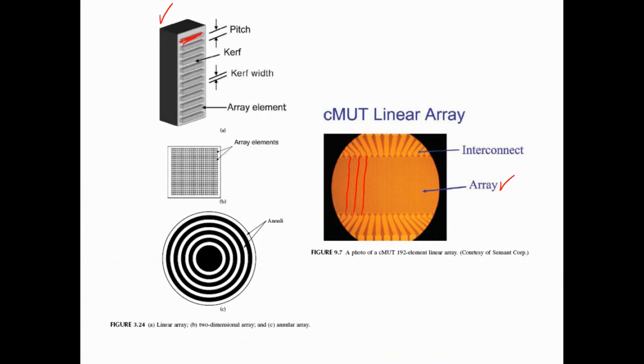Each of these things that are sticking up are the piezo crystals. You call that the array element. There is a pitch to those, where the pitch is the distance between two centers. So it tells you how big the thing is and how many you have. So, distance between centers.